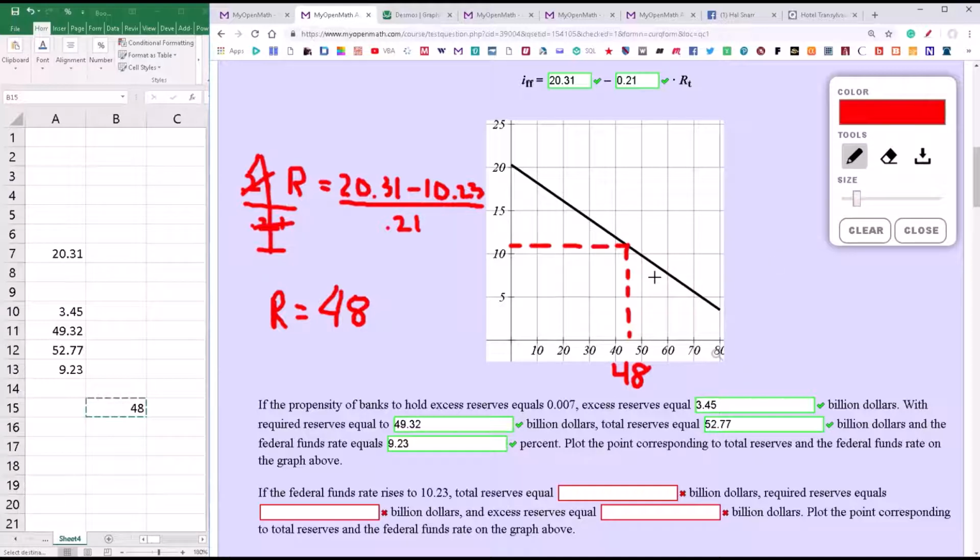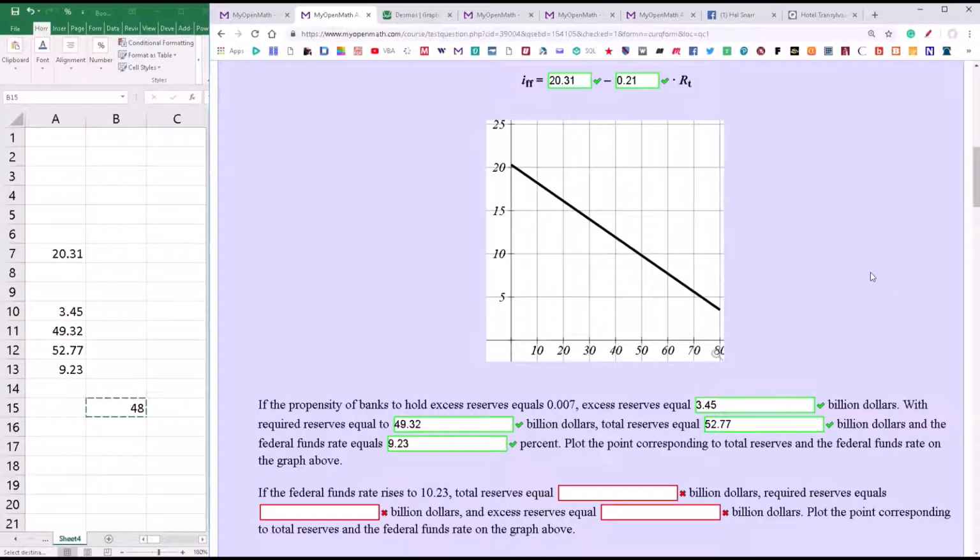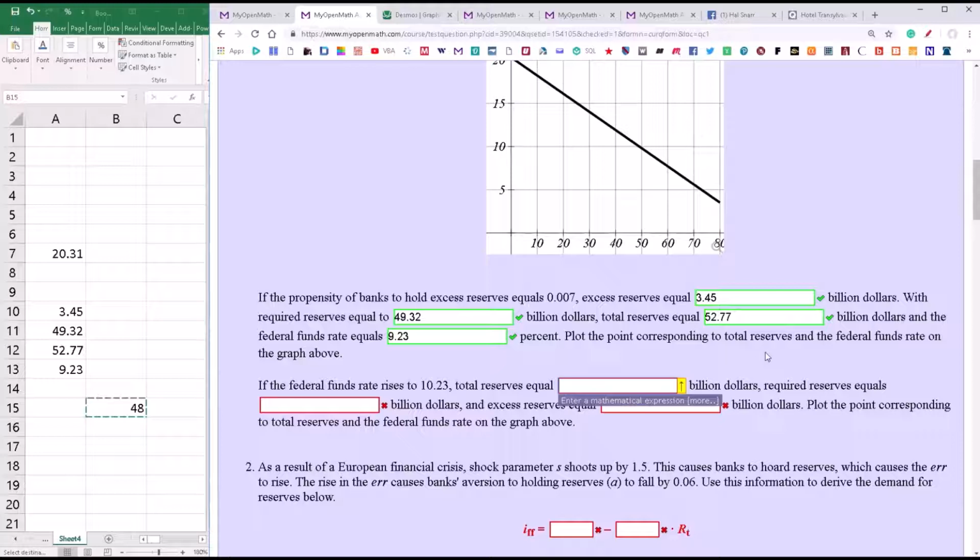So interest rates are rising. That means quantity of reserves fell to 48 and the interest rate rose to 10.23. So let's close that out. So total reserves is 48. Required reserves is still 49.32.